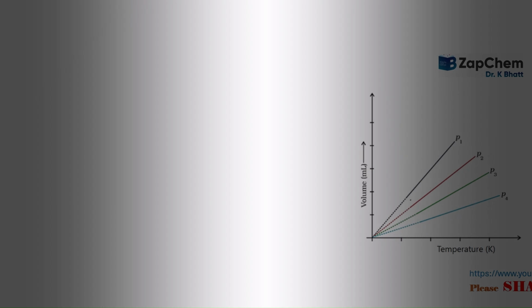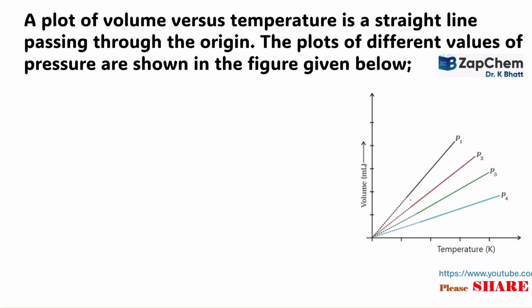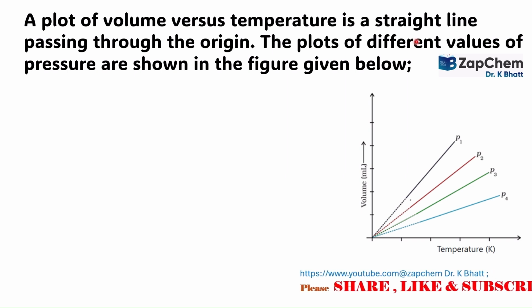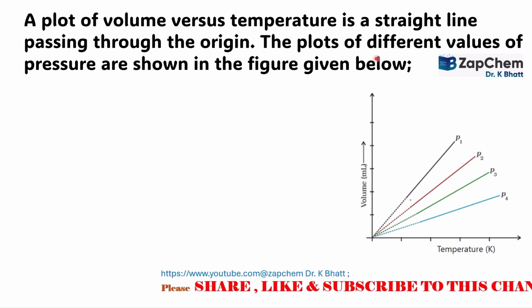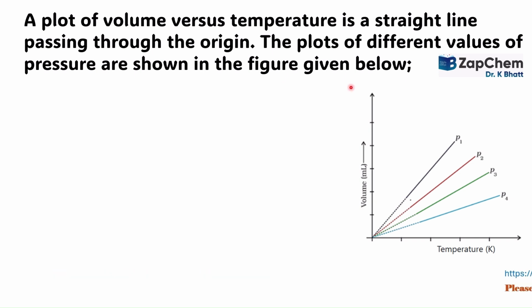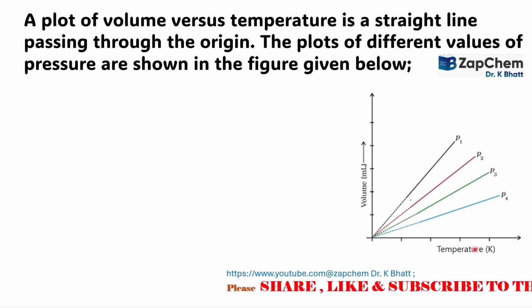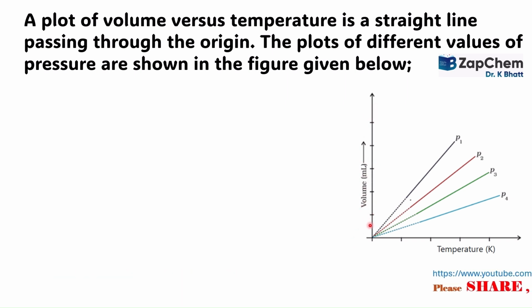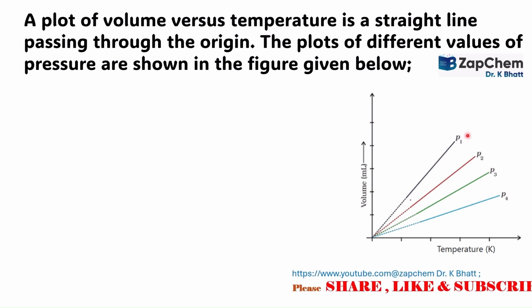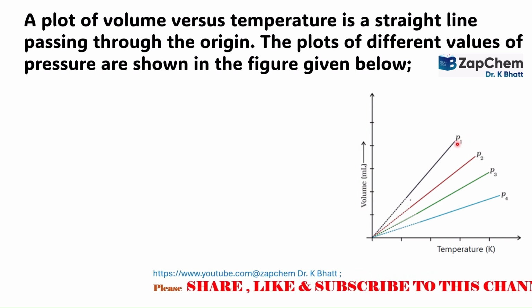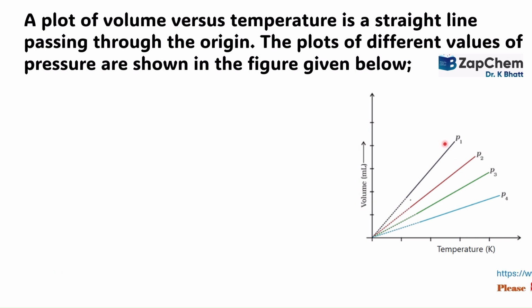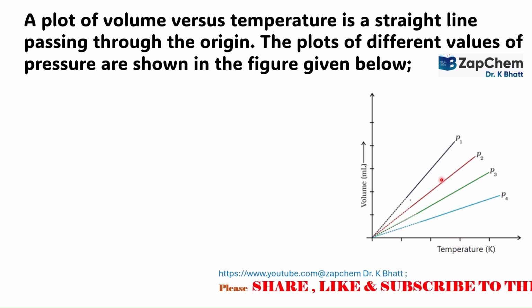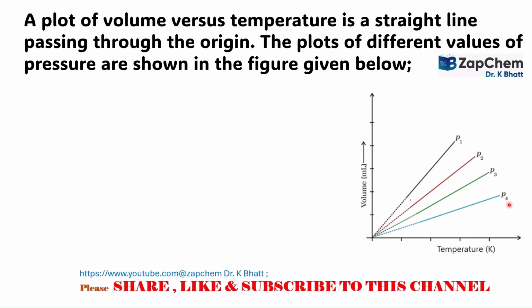Next is a very straightforward question, and a plot of volume versus temperature is a straight line passing through the origin. The plots of different values of pressures are shown in the figure given below, where temperature is plotted in Kelvin on the x-axis, whereas the volume in milliliter is represented on the y-axis. For different pressures P1, P2, P3, and P4, a straight line is obtained when volume is plotted against temperature.